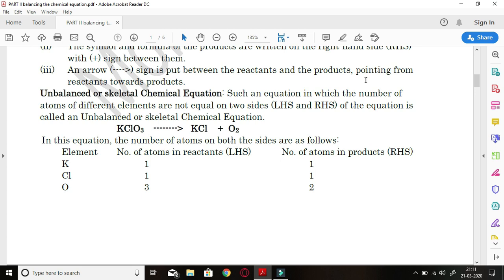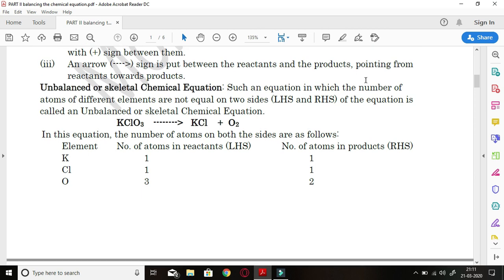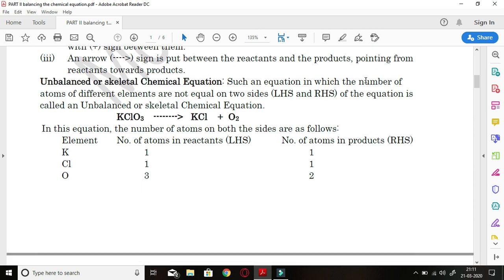Mostly the number of atoms of reactants are not equal to the products. Look at the example: KClO3, potassium chlorate, will change into KCl plus O2. In this equation, we have taken three elements: potassium, chlorine and oxygen.